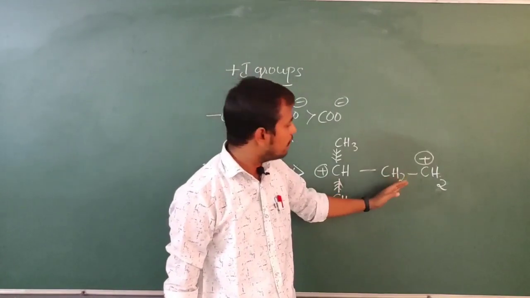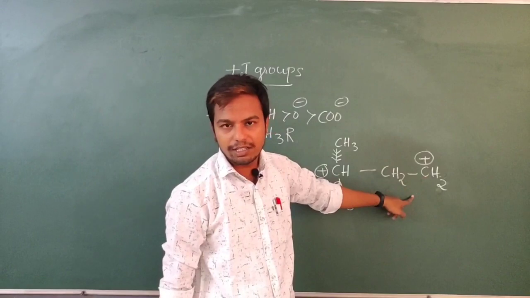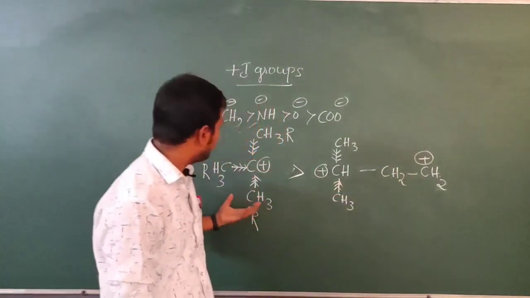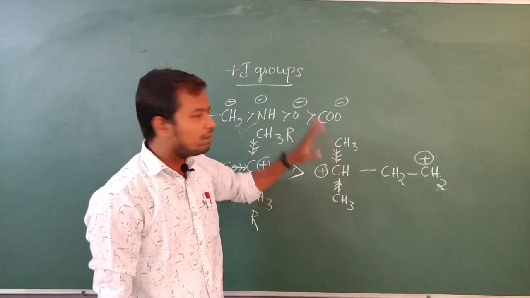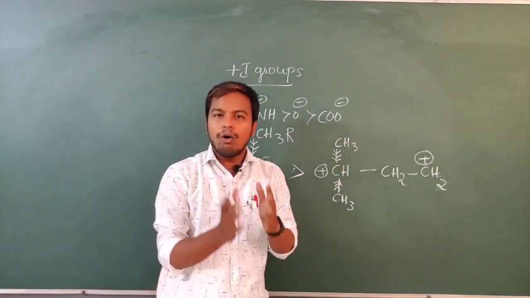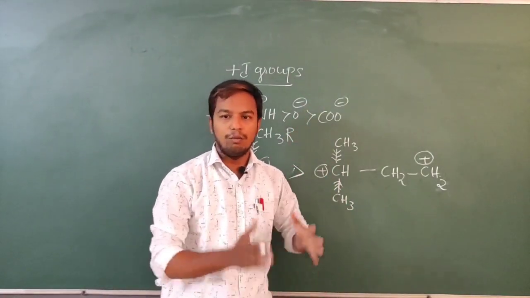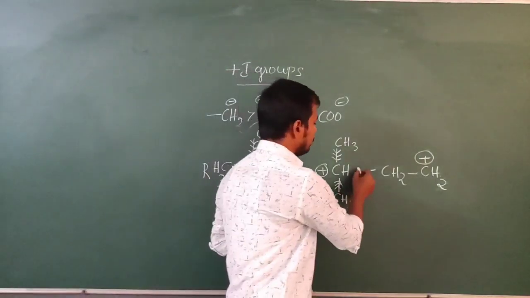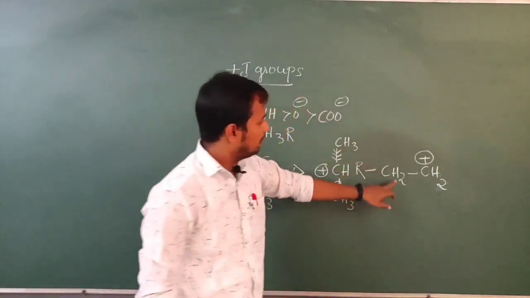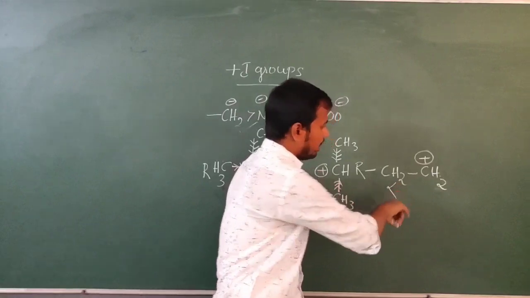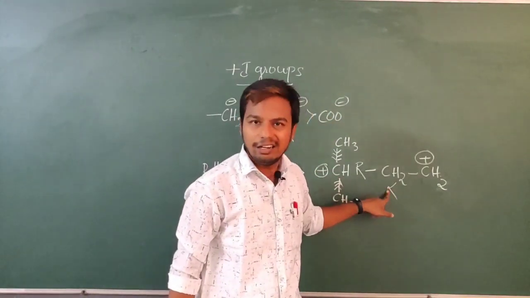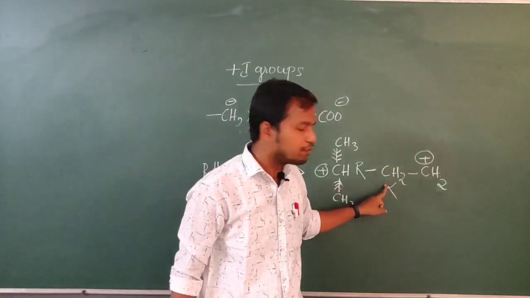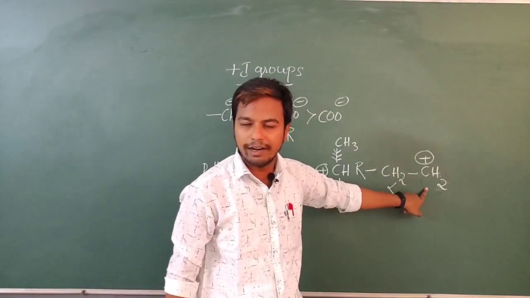It will also donate, but not as effectively as in the tertiary or secondary. So we can understand that the more alkyl groups, the more stability. Here this is the alpha position, and the carbocation is stabilized by only this methylene group, meaning electron density moves from the methylene group towards the carbocation.